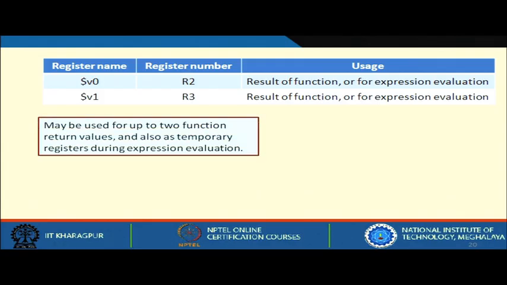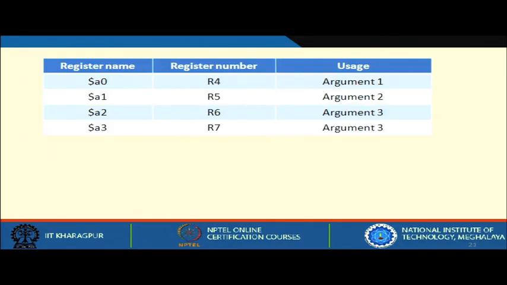It may be used for up to 2 function return values, and also as temporary registers during expression evaluation. So, when we are using it for the result of a function, it can be used, or at other times you can use it for expression evaluation.